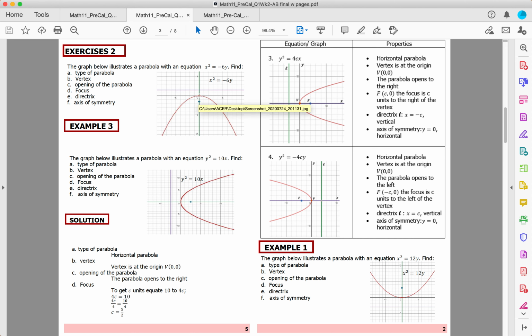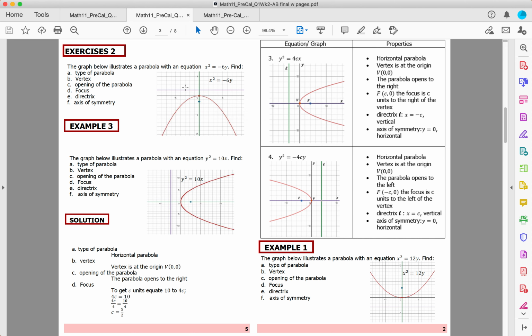So you count 1.5 units above. This time, the directrix is above the vertex because your parabola is facing downward. So it's here on top of the vertex, 1.5 units from the vertex. So that means this is positive 1.5. So the equation is y equals 1.5.